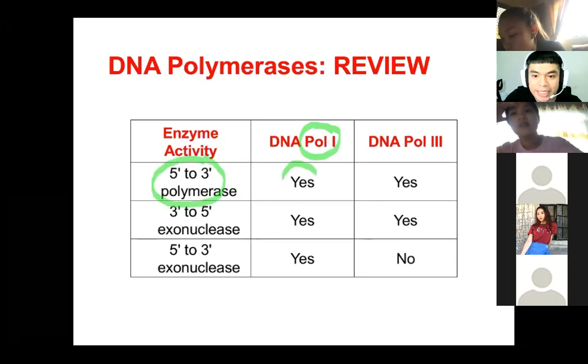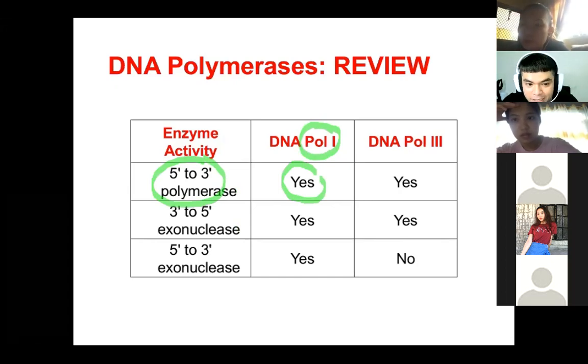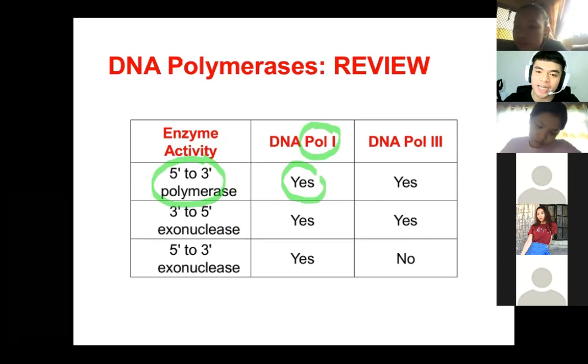Anong specific process ito? Yung 5 to 3 polymerase action, that is, yes, elongation, pero yung pag-replace nung natanggal. Ano yung tinanggal nung 1 kanina? Primer. Very good, yung primer.